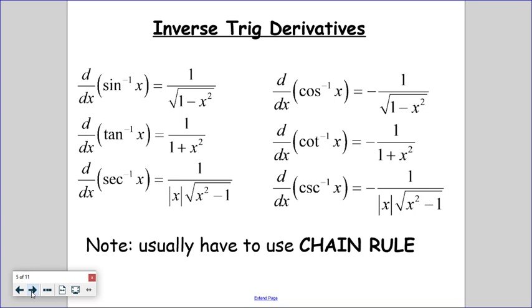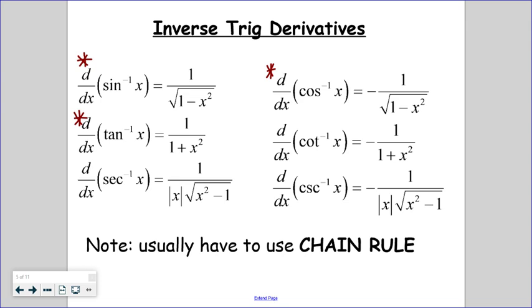All right. Of these up here, the ones that we are going to want to know would be our inverse sine derivative, our inverse tangent derivative, and our inverse cosine derivative. The others you need to know how to use but not have memorized. I want to point out there really are only 3 on the board.